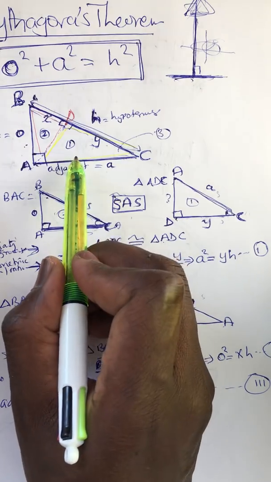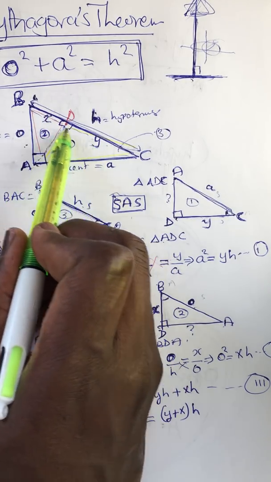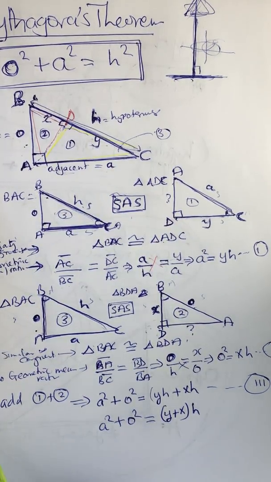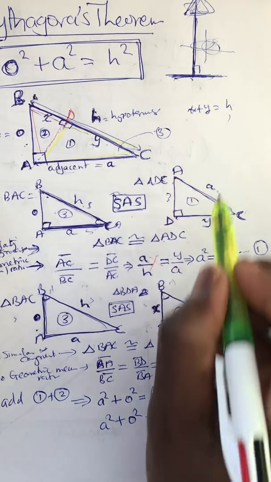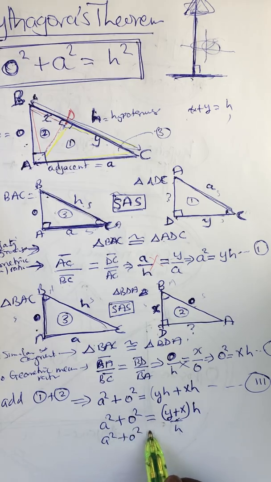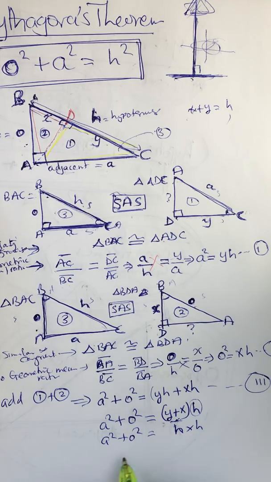And notice from the bigger triangle that H is our hypotenuse, and when you add these two distances, X and Y, you get our hypotenuse. So X plus Y is actually equal to H. So when we bring that H here, instead of putting X and Y, we are going to put H there, so that we have A squared plus O squared equal to H times that H, and this will give us A squared plus O squared equal to H squared.